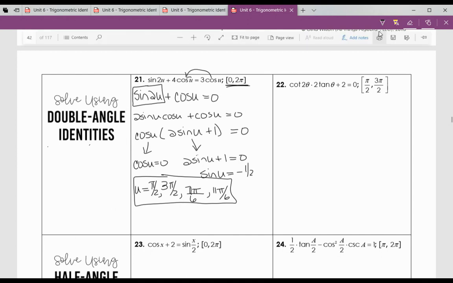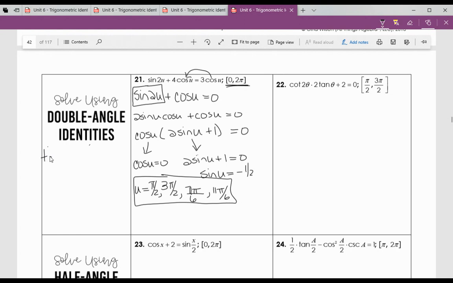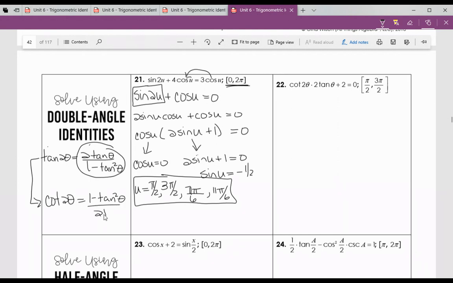All right, so I know that tangent double angle is 2 tangent theta over 1 minus tangent square theta. If I want to change that to its reciprocal, cotangent, that means I take this fraction and I flip it. So 1 minus tangent square theta over 2 tangent theta.